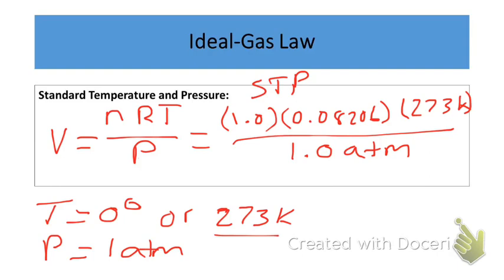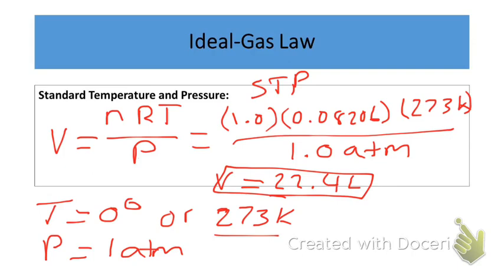We get a volume that's equal to 22.4 liters. All right. What does that tell us? Well, it tells us that when a gas is at STP, standard temperature and pressure conditions, 1 mole of gas is equal to 22.4 liters.